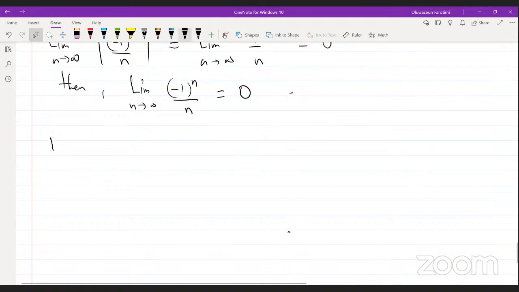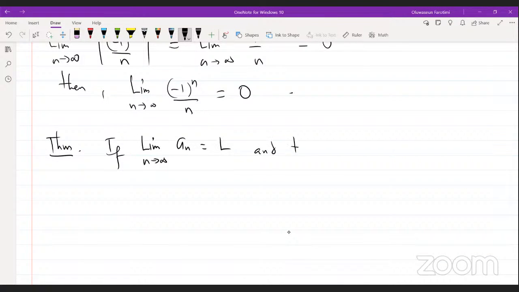Now let's see another theorem. If the limit of a sequence is L, and suppose the function f is continuous at that limit L, then what happens?